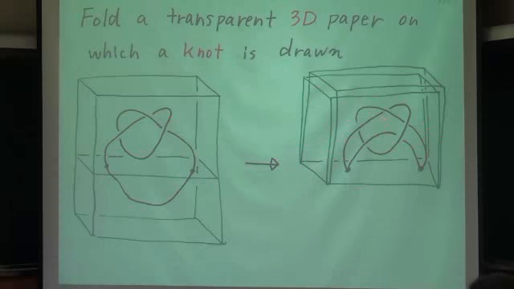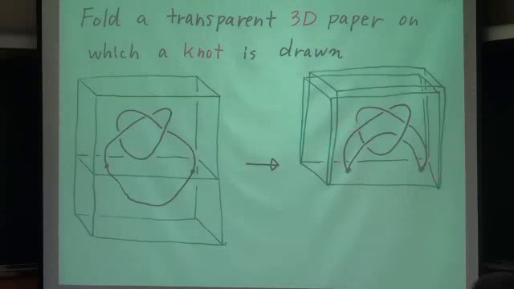So you can see this part can be moved to here by so-called Reidemeister move, and this here. So if you are familiar with knot theory, then you can see this is a knot. So this is a tripod. So we'd like to generalize this phenomenon.